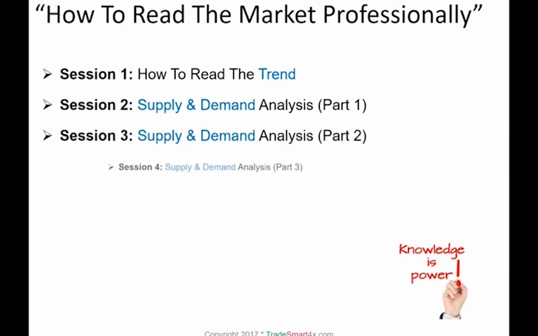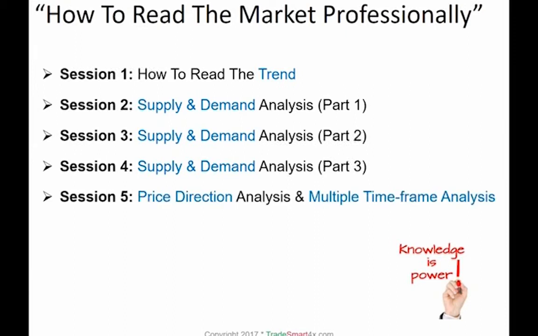And then we go 3 sessions into how to read supply and demand. We go through all the different types of supply and demand there are. And again, you just need to learn how to recognize the 10 to 12 different types and how to understand whether the price is, as we said before, going to move through those zones or not. And then the final thing that you need to learn is understanding which direction price is moving in.